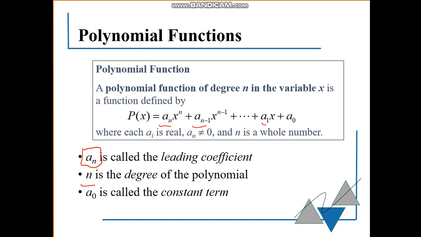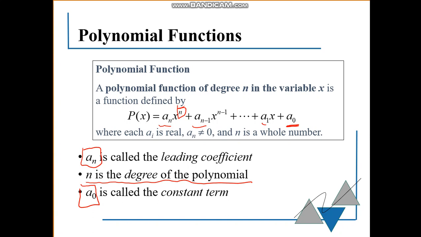The number at the end, the one labeled a sub 0, that's our constant term. The thing that's new is this idea that n is the degree of the polynomial. The degree is the largest exponent that we have.